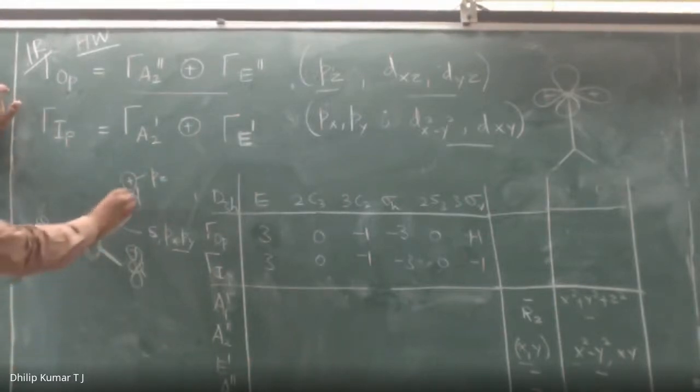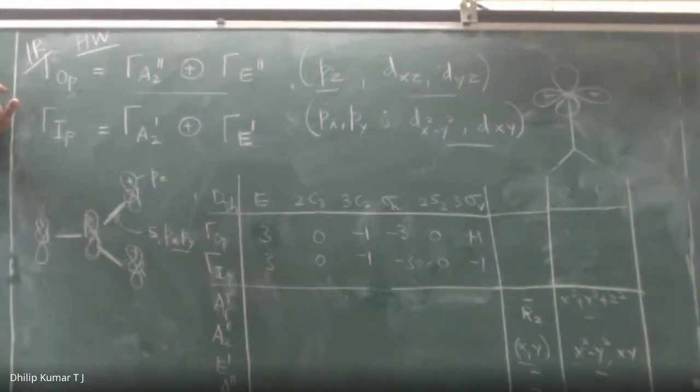Whereas the coordinate bond between boron and chlorine is made up of S and Px Py orbitals. So this is what we can infer, which orbitals are involved in bonding from group theory using the character table. So can we use another method for finding the orbitals involved in hybridization?